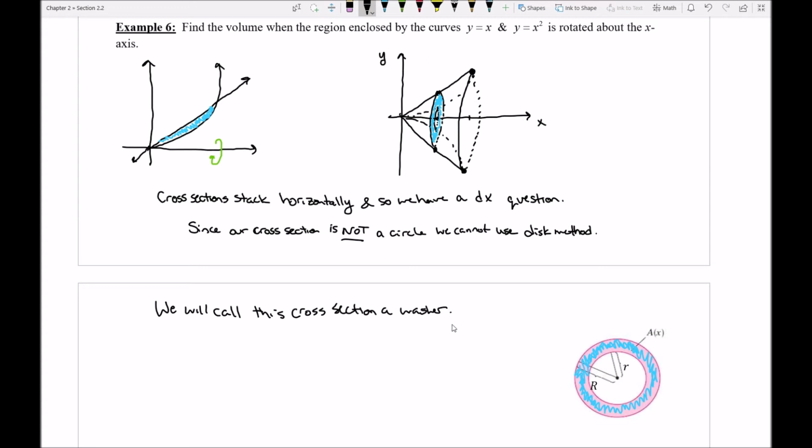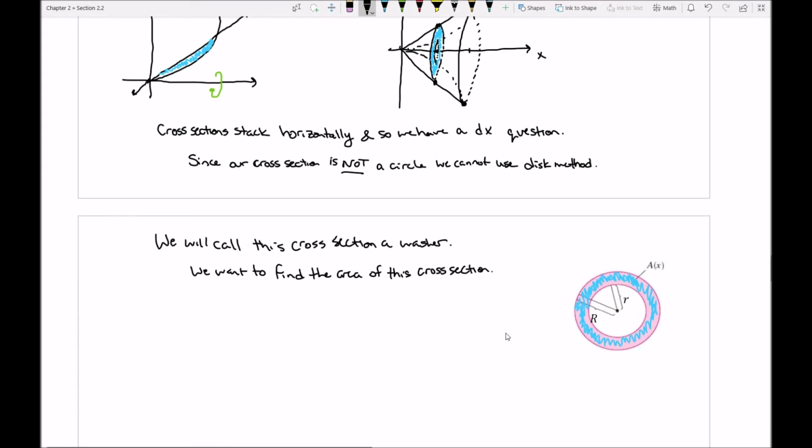Okay, that's what we'll refer to it as. And we want its area. So we want to find the area of this cross section. And to do that, it's actually pretty simple.